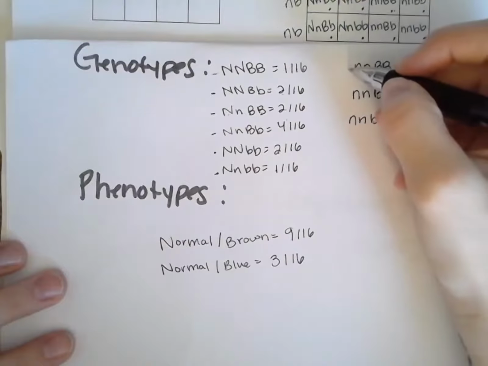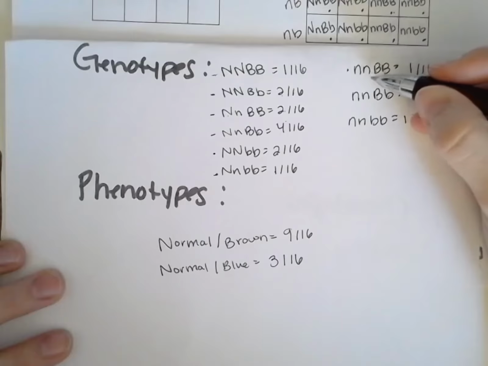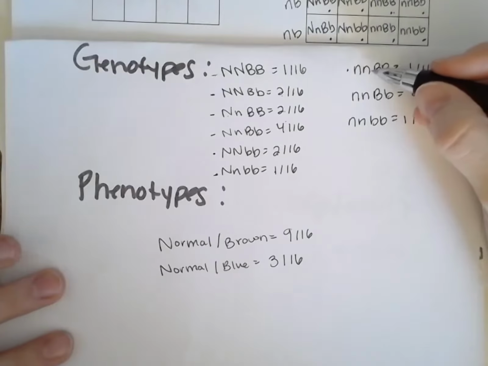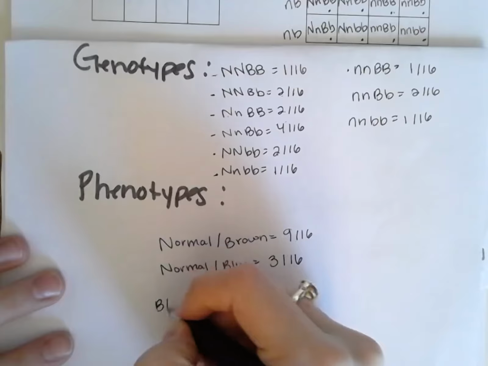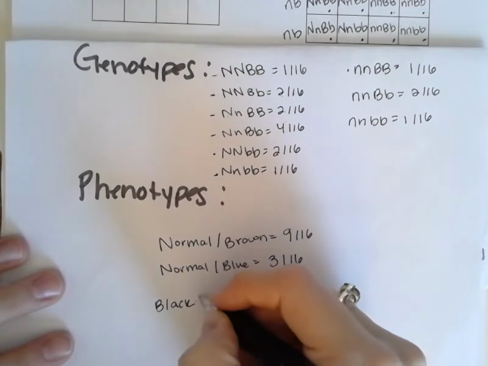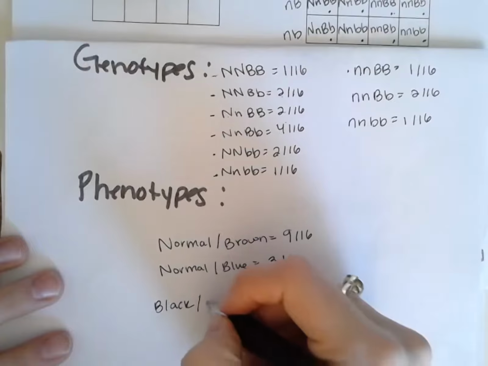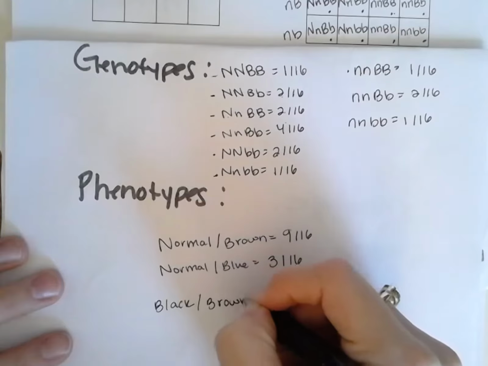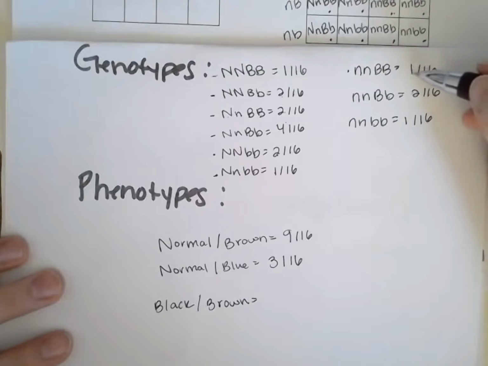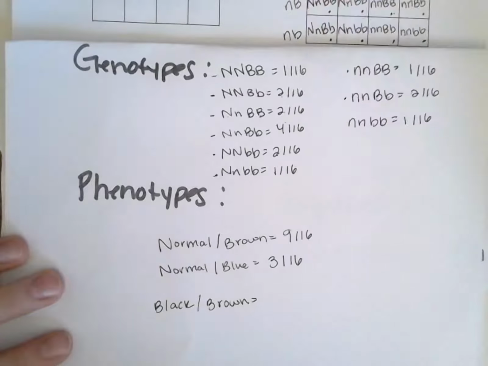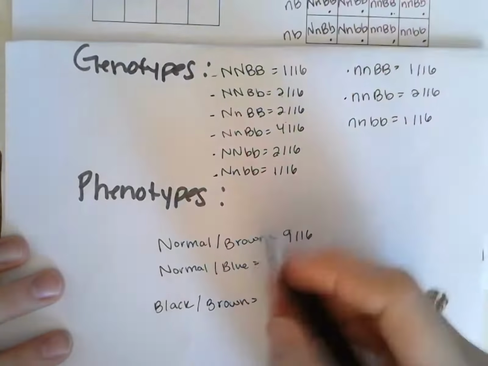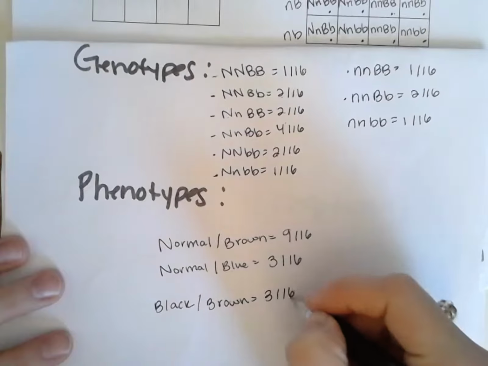Okay, and this one is going to have the recessive coat color, so that's going to be black. And 2 capital B's is going to give us the dominant eye color, which is going to be brown. Alright, and this one right here will also give us that combination, so a total of 3 out of 16.